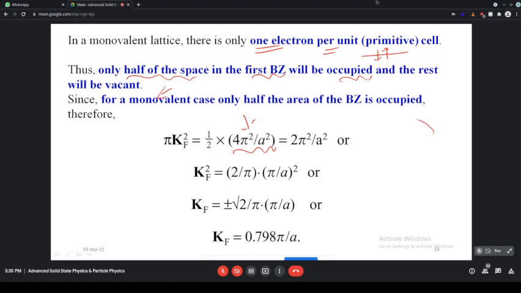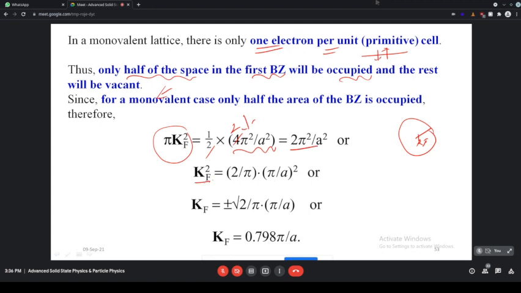And if you draw a Fermi surface, because all these energy levels are occupied by electrons, we have to draw a circle. In that case we can write the area equal to pi kf square, where kf is the radius of the Fermi surface. Then pi kf square is equal to this, the 2 cancels out, giving 2 pi square by a square.